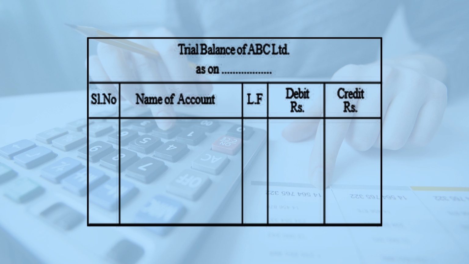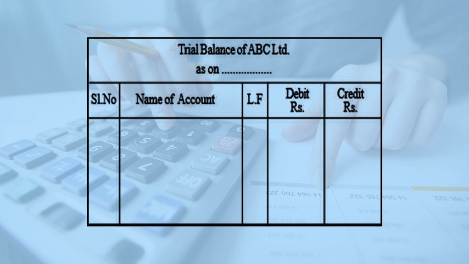While preparing the trial balance, in the serial number column we will write the serial number, and then in the next column the name of the account, say for example salaries account, discount account, rent account, commission account, bad debts account, likewise. Then ledger folio.